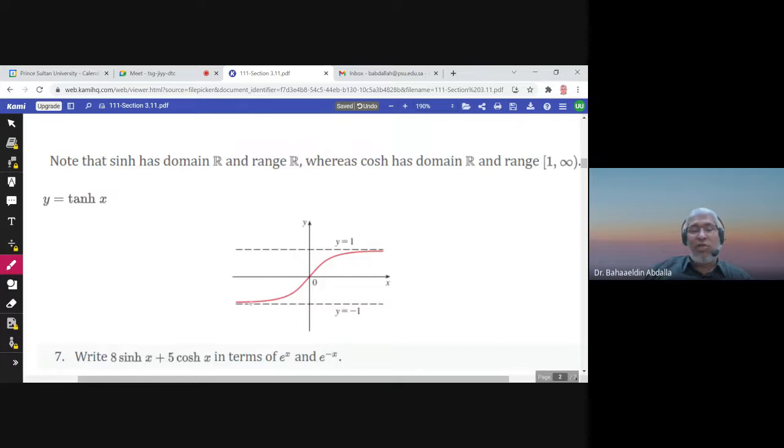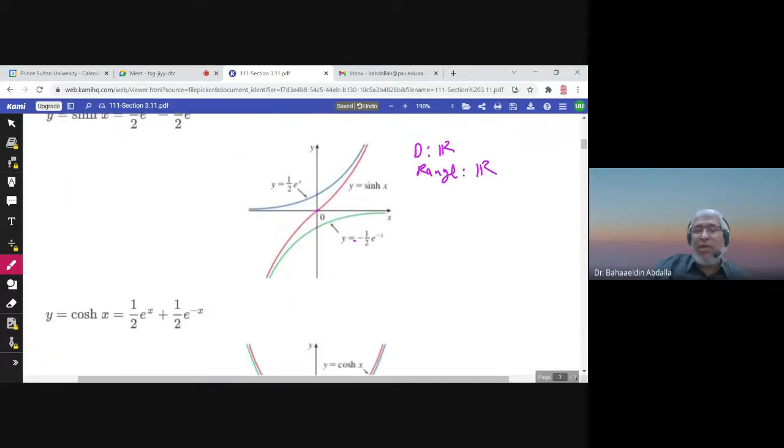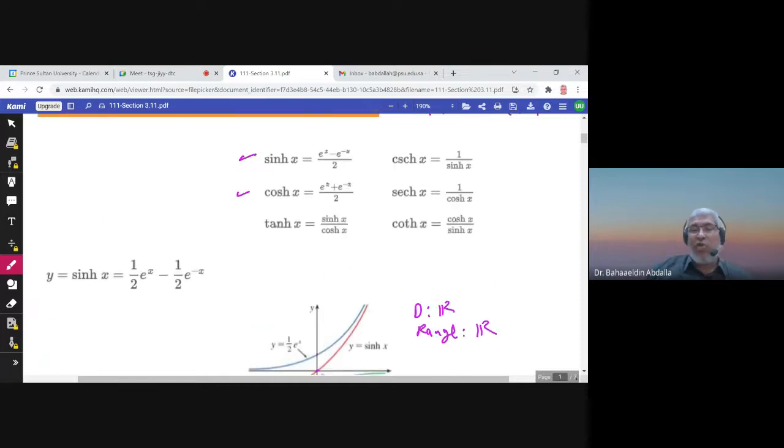Also, the definition of the hyperbolic tan, when you divide sinh over cosh, you can cancel 2 with 2, and the hyperbolic tan would be equal to e to the power x minus e to the power negative x over e to the power x plus e to the power negative x. So you can say that this is the definition of the hyperbolic tan.